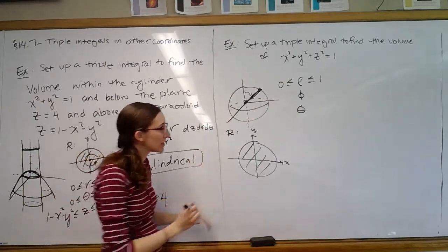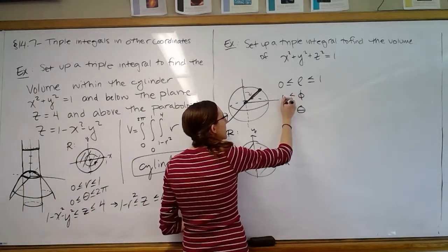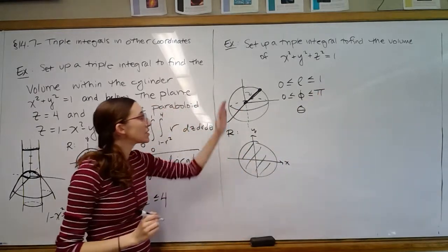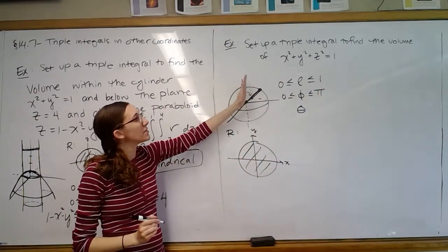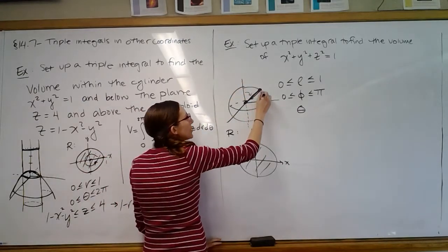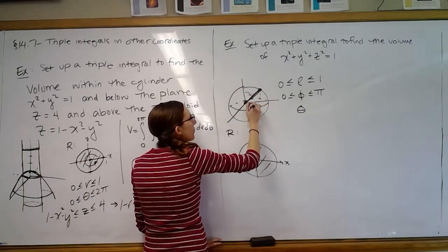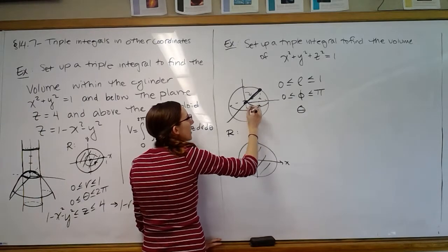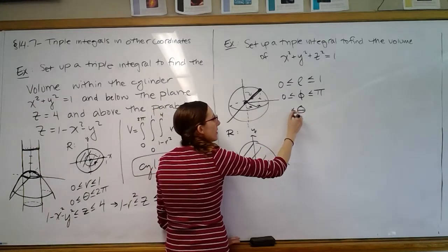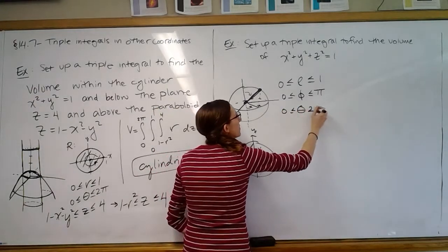A key thing to remember with phi is we only go 0 to pi. So we're just going to swing from upper hemisphere to lower hemisphere, and then when we think about theta, we're going to let theta swing all the way 0 to 2 pi.